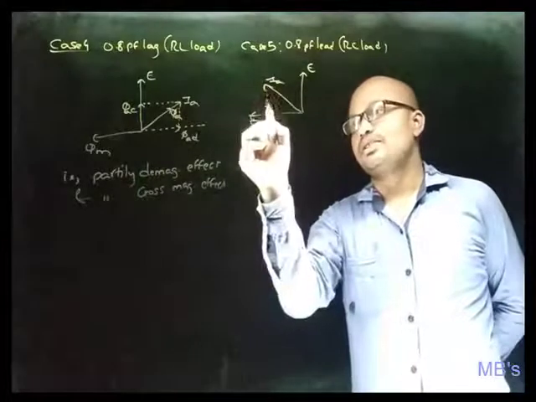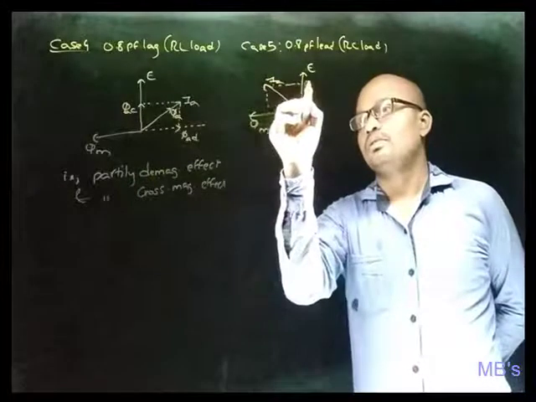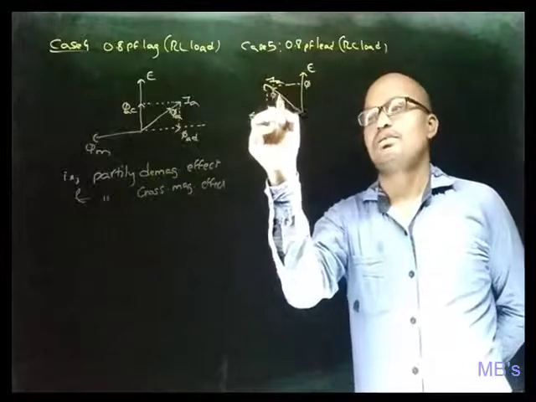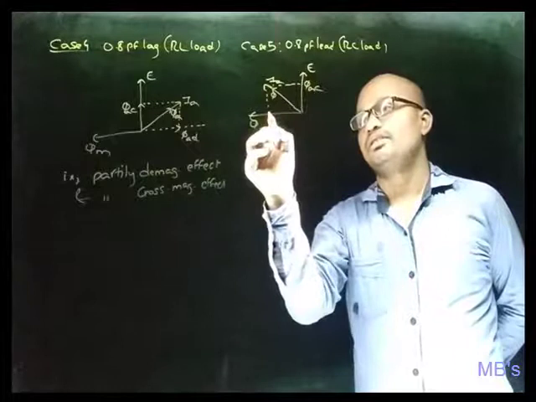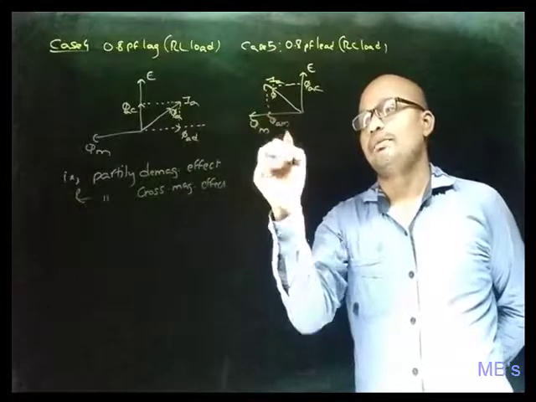Now this has two components of flux due to armature current: let this be phi AC, and let this be phi AM.